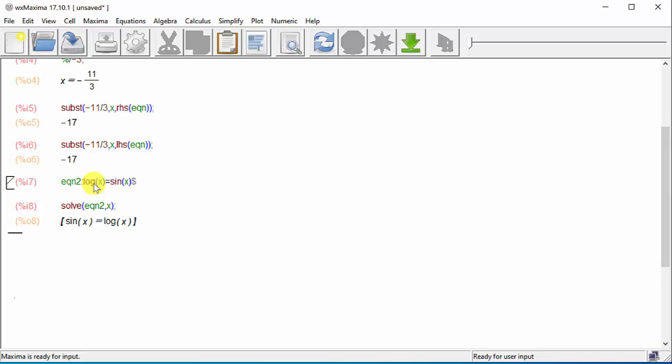Well, that would give us natural log x minus sine x equals 0. So what we'll need to do is we need to plot that, and we need to find like an estimate, like a little interval or something, and we're telling wxMaxima to search for a solution in that interval.